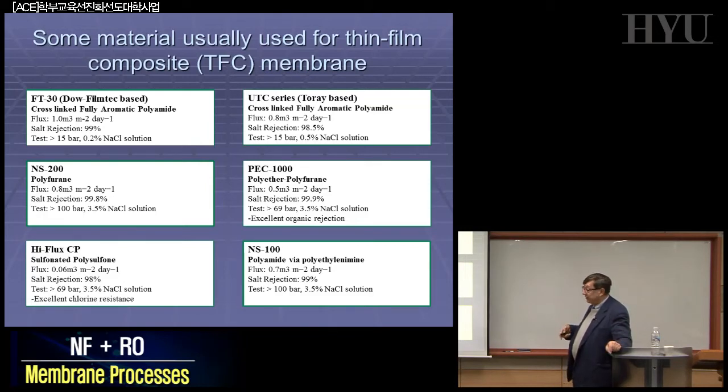There was a guy, a student like you, a long time back, Cadotte, who was producing in the lab this kind of system. He was making coatings, basically, by in situ polycondensation of some polyaromatic polyamide on a polysulfone or some other materials, obtaining quite interesting results.